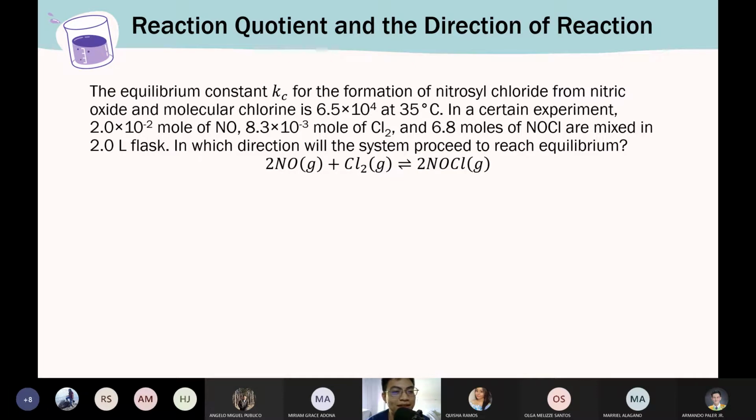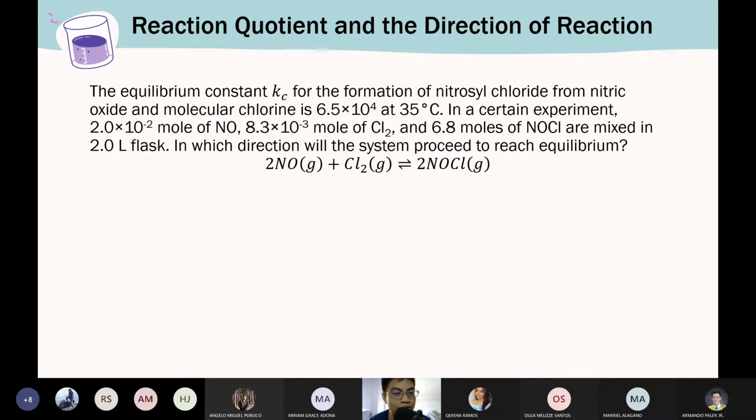Next meeting na yan. The equilibrium constant Kc for the formation of nitrosyl chloride from nitric oxide and molecular chlorine is 6.5 times 10 raised to 4 at 35 degrees Celsius. So, given ang equilibrium constant. So we don't have to worry about it.